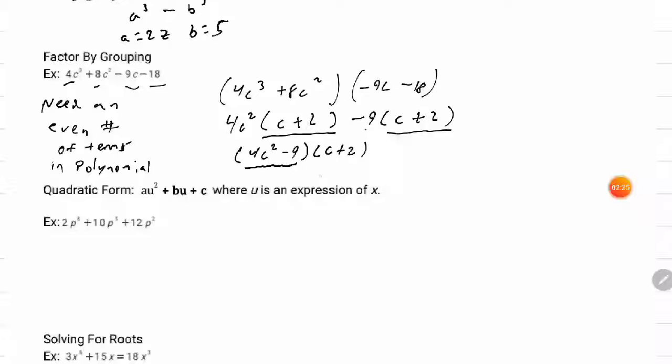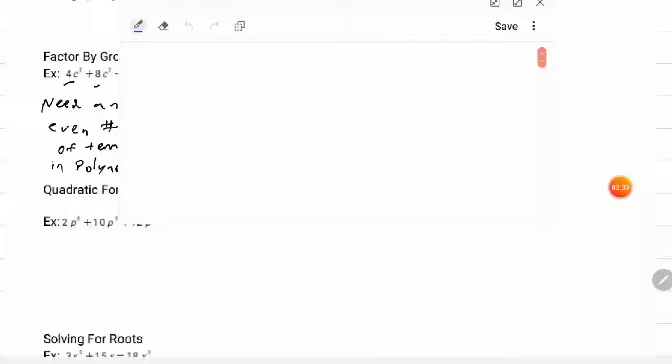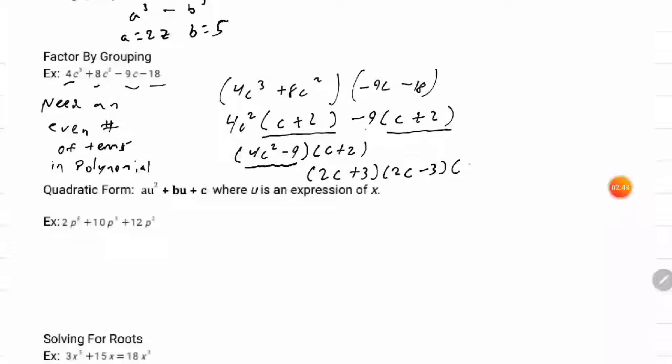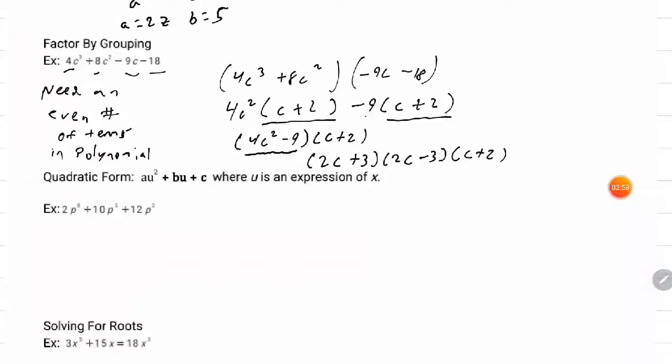So whenever we have that, that becomes 2c plus 3, 2c minus 3, and then c plus 2. Okay, so this first one was in the form a squared minus b squared, which hopefully you'll remember becomes a plus b, a minus b.